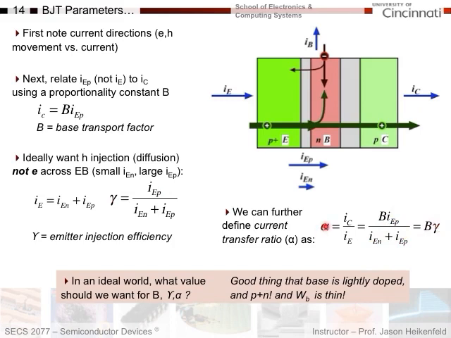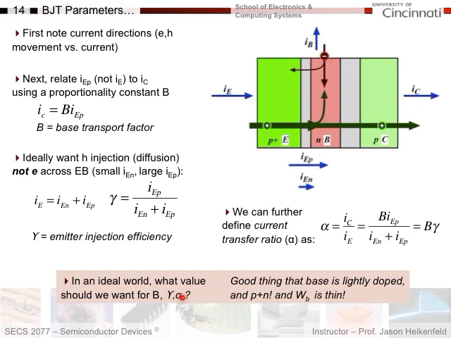So now you can see how I'm starting to form these terms that measure performance for a BJT and figure out ways where I can relate them. Again, in an ideal world, what would the values be for B, gamma, and for alpha, the current transfer ratio? I would like them all to be as close as possible to unity.